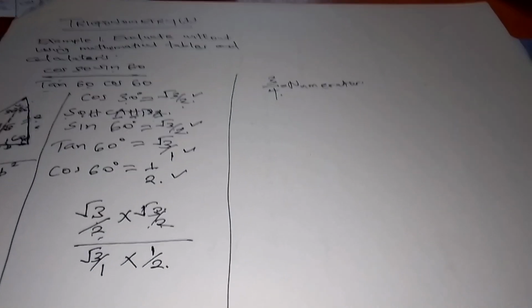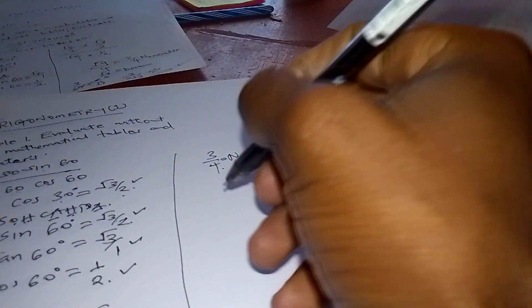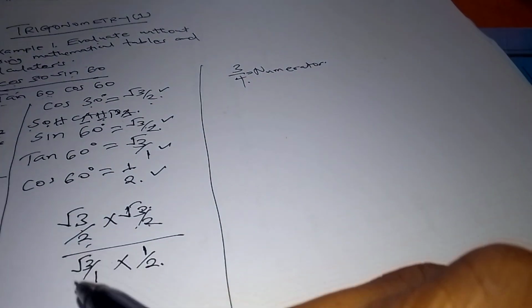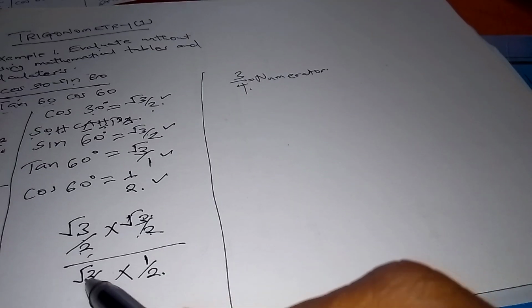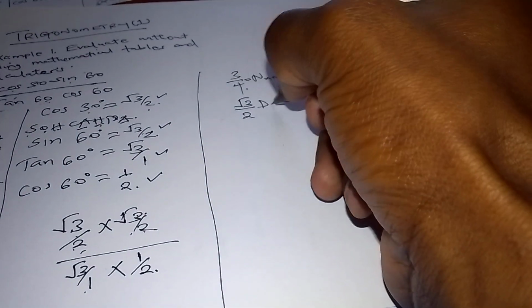Now the denominator: root 3 over 1 times 1 all over 2. Root 3 times 1 is root 3, all over 1 times 2 is 2. This is the denominator.